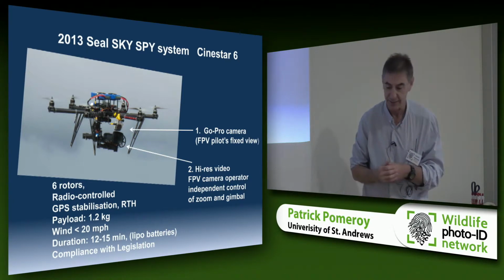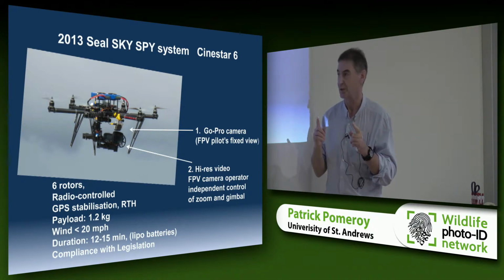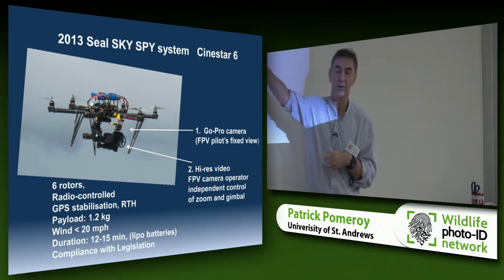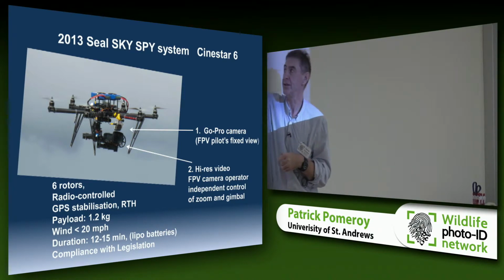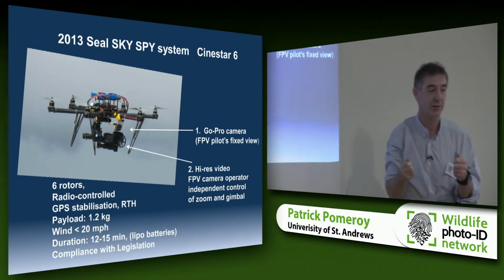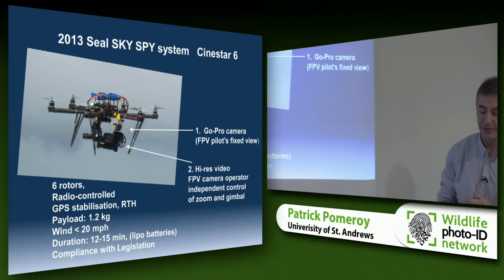The way that we get the images, there are two important considerations. The first is the pilot has a view of what the GoPro sees here. This is the first camera. It's the GoPro, and the pilot has a screen on his controls where he can see what the GoPro sees.